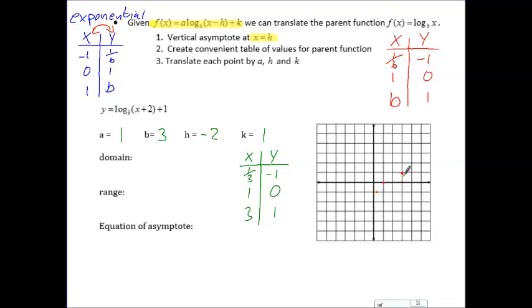But now we have to translate those points. We have to move them 2 steps to the left for h and 1 step up for k. So 2 steps to the left, 1 up. 2 steps to the left, 1 up. And that gives us our logarithmic function.